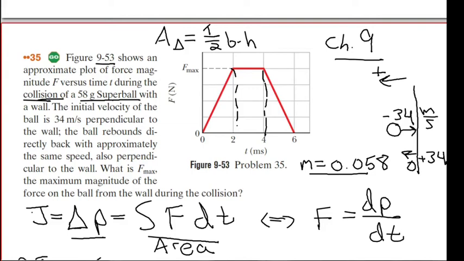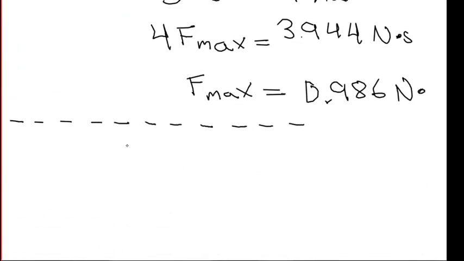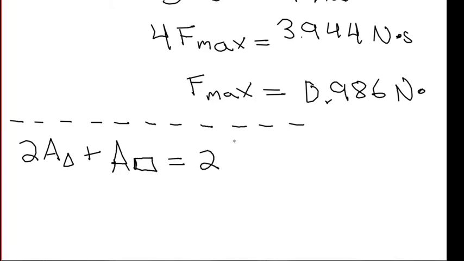So the heights for both triangles are going to be F max, and then the base is going to be 2, that distance there. So I'm going to get 2 areas of a triangle plus the area of that rectangle added together. So 2 times 1/2, and then the base is 2, and then F max again is the height.